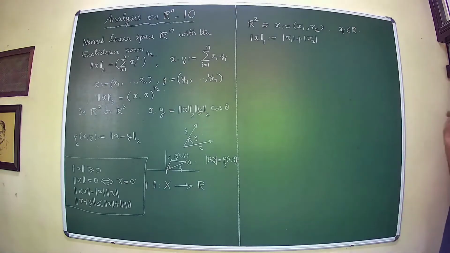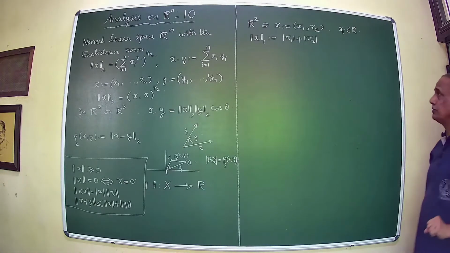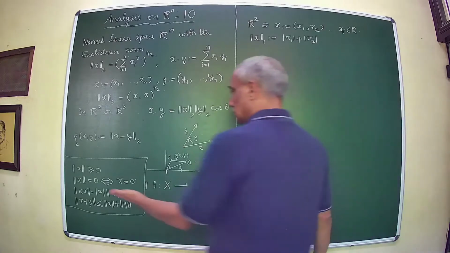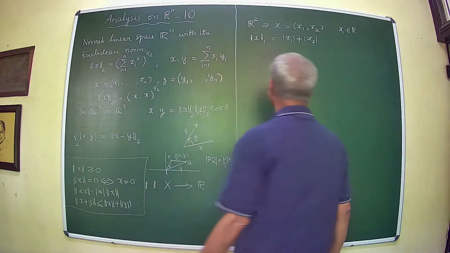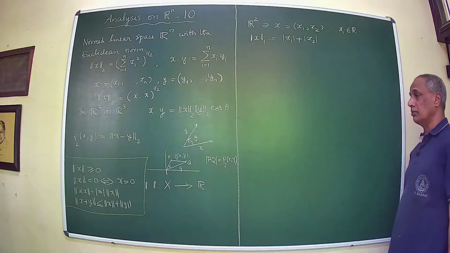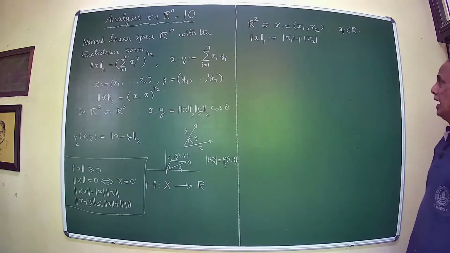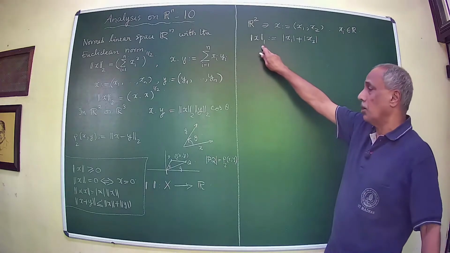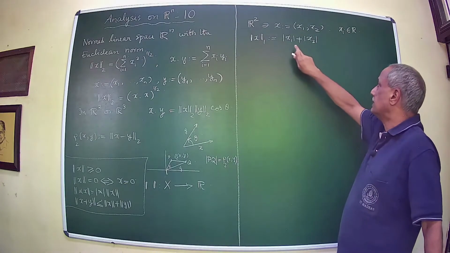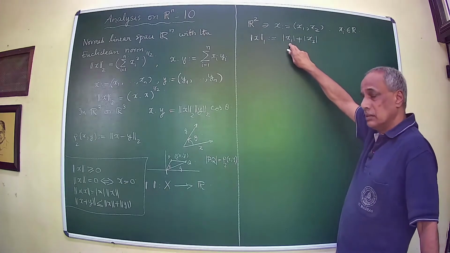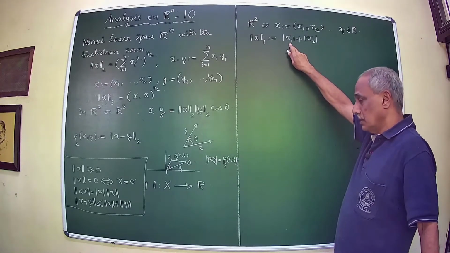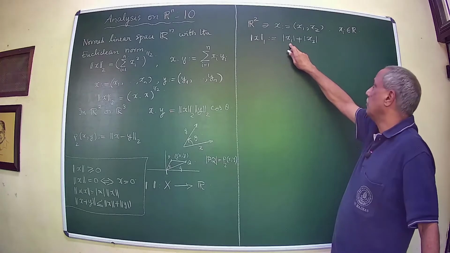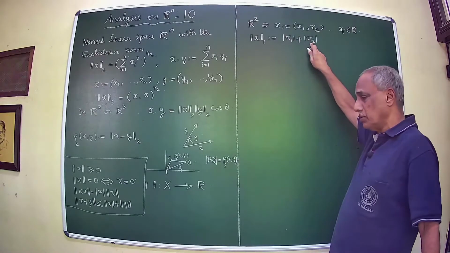Now is this a norm? That's the first thing that you have to observe. Trivially, norm of x is greater than or equal to 0 by definition, and norm 1 of x equal to 0 means mod x1 equal to 0, mod x2 equal to 0.